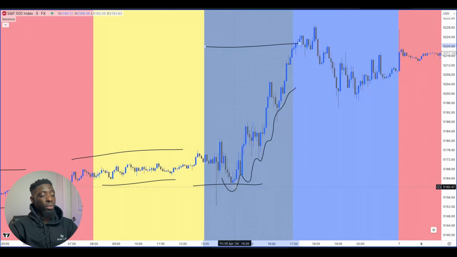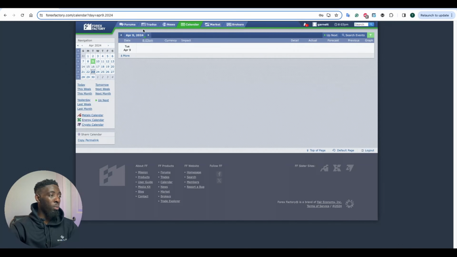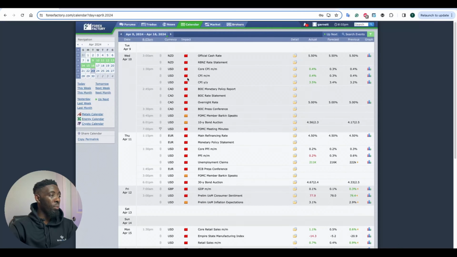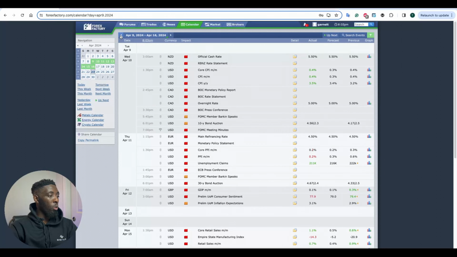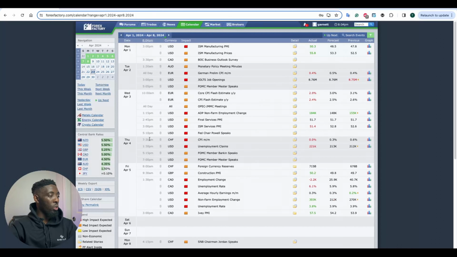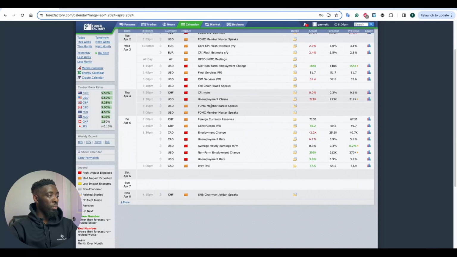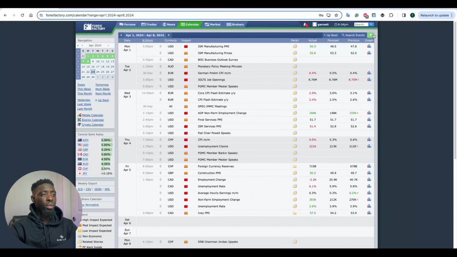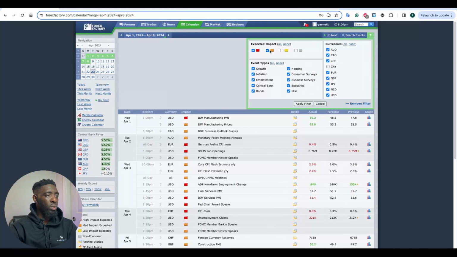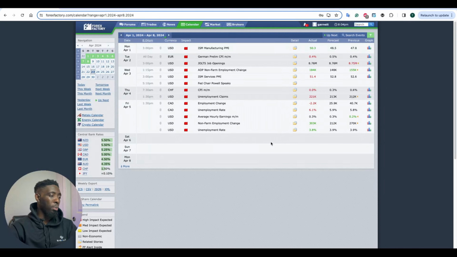We have this on the 5th of April. So on the 5th of April, let's go to the economic calendar real quick. Let's go back. So we have April 5th, and I'm just going to focus on the high impact news. High impact news, apply.